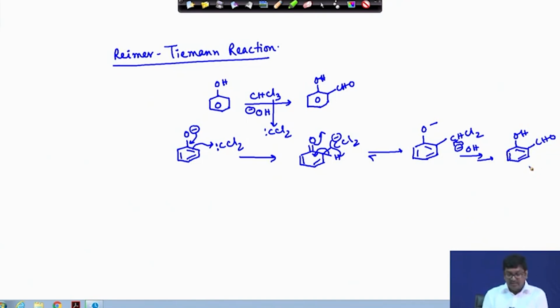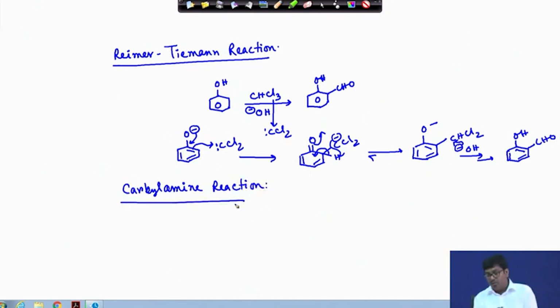Okay. And another reaction in this aspect, considering the carbene reactions, if we do not mention that particular reaction, it will not be complete, that is called the carbylamine reaction. Okay.